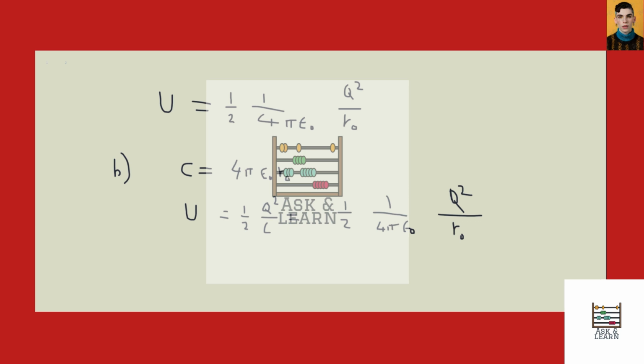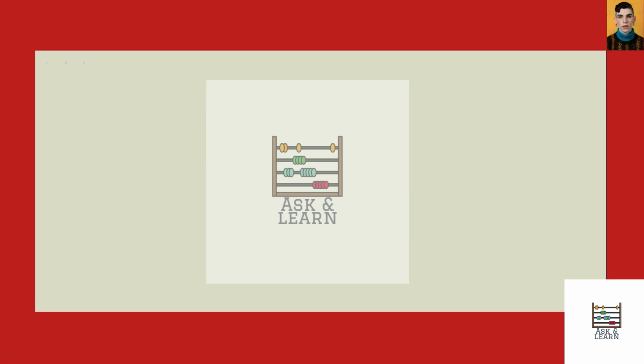Now let's go with the third approach. Third approach asks us to find electric potential energy stored by having small charges of amount dq from infinity to the spherical conductor.